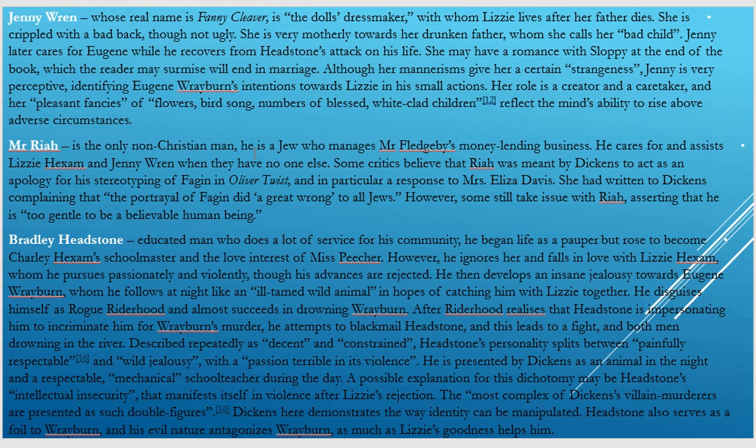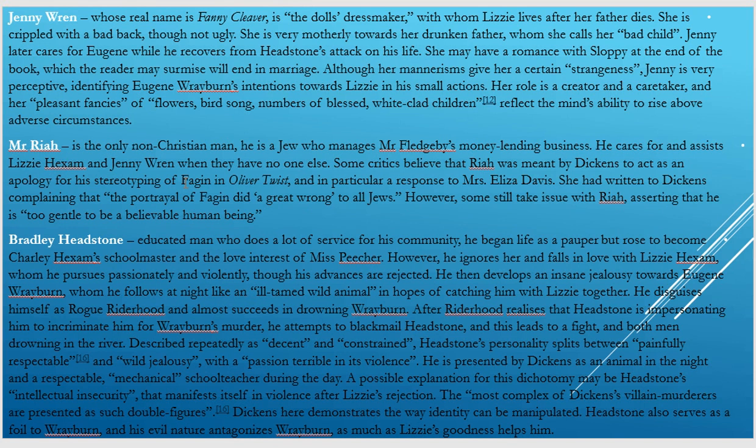He is a Jew, and when we say he's a Jew, Mr. Fledgeby buys money, so he has a money lending business, and he cares for and assists Lizzie Hexam and Jenny Wren when they have no one else. So Mr. Riah takes care of both girls, and some critics realize that it's a kind of stereotyping like Fagin.